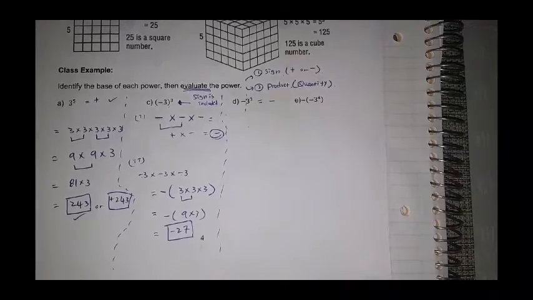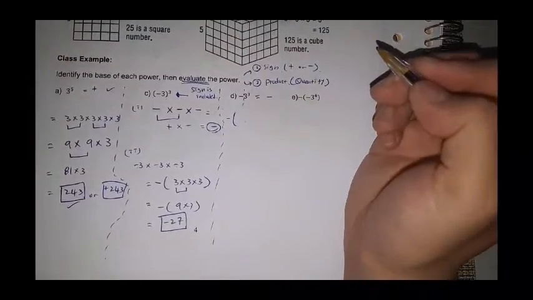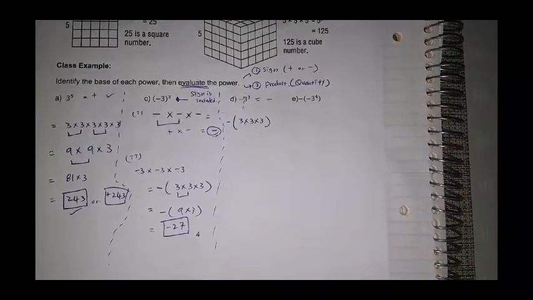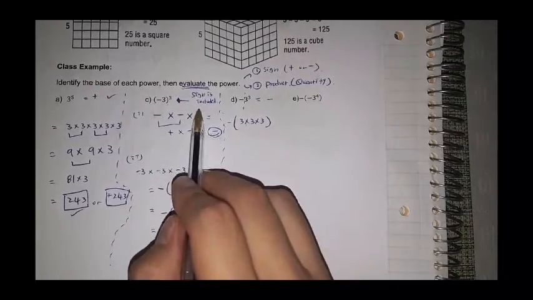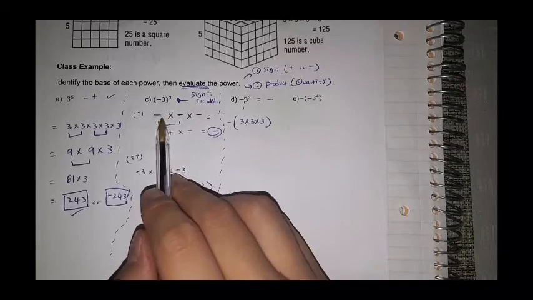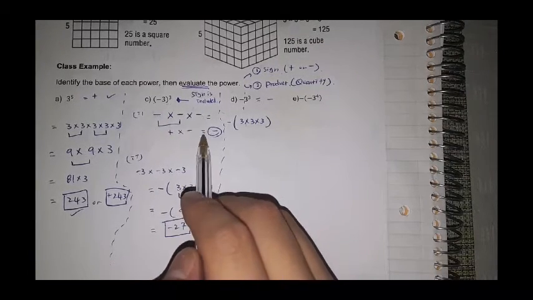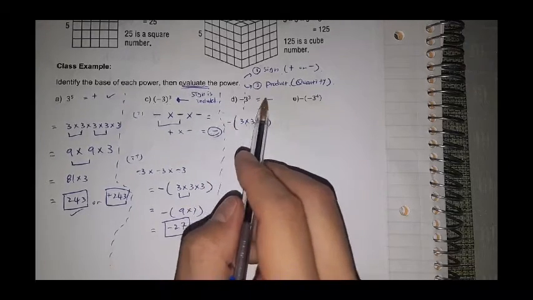Now we know the sign, and you just multiply 3 times 3 times 3. The difference between the left example and the right example is that in the left example the sign is included, so we went through the process of multiplying different signs to get the final sign. In this case, it will always be negative.